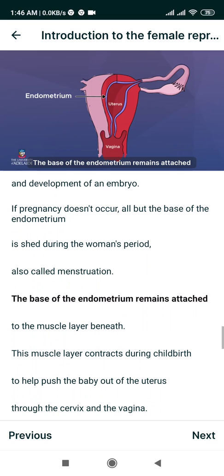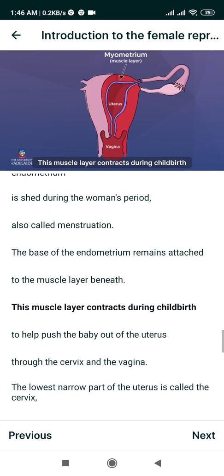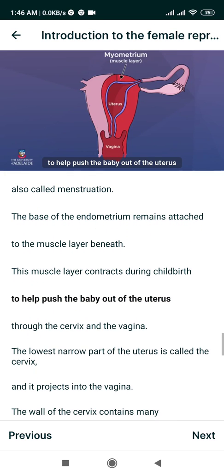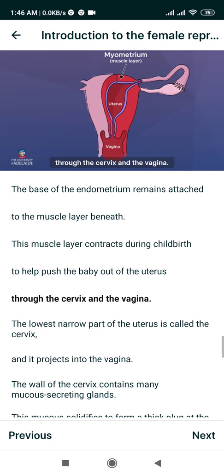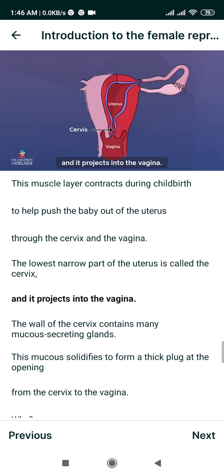The base of the endometrium remains attached to the muscle layer beneath. This muscle layer contracts during childbirth to help push the baby out of the uterus through the cervix and the vagina.